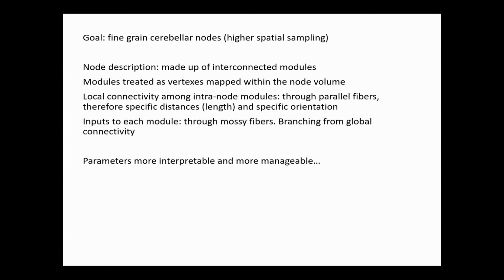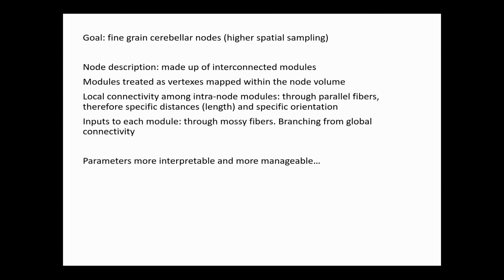We have modules interconnected through parallel fibers which run in a specific direction of the geometry of the map, and it's important to keep the functional interaction among these modules. So we want to create a specific kernel of local connectivity based on parallel fiber features, so the direction, the length of these fibers, and also the input to these nodes.